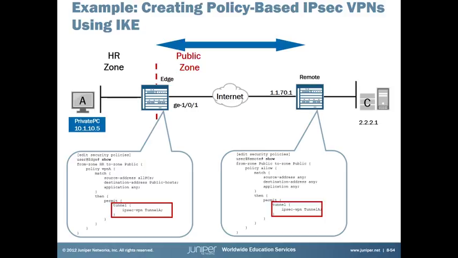So we have got from zone to zone, we've got a policy VPN-A, we've got some matching criteria there, then permit tunnel IPsec VPN. So we're using a policy to direct traffic into our tunnel, and we're using a policy at the other end to direct traffic into the tunnel, traffic that's going the other direction.